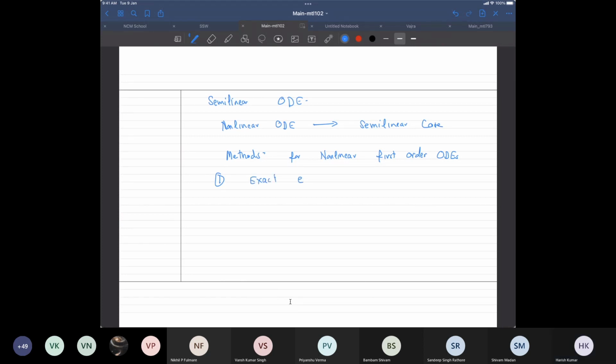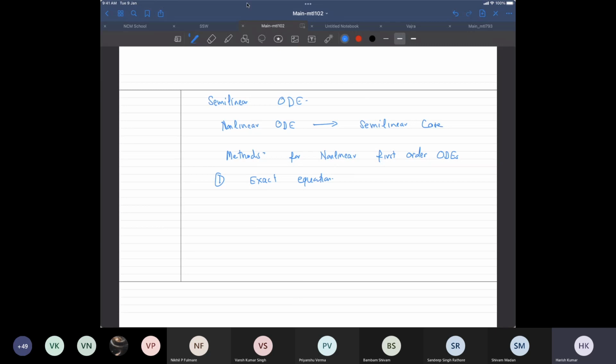You already know what an exact equation is, right? Yes, sir. So I'm going to assume that you have gone through the first year ODE part, because otherwise this course becomes only the ODE course, it won't be a PDE course.